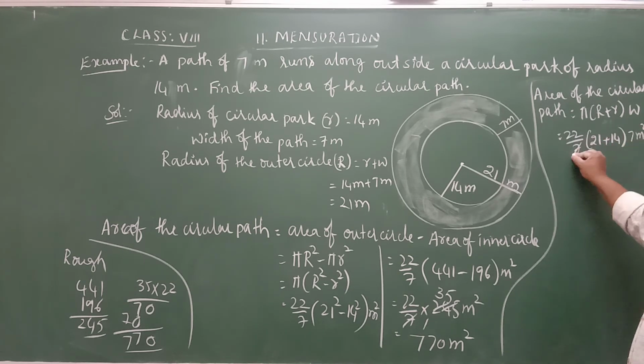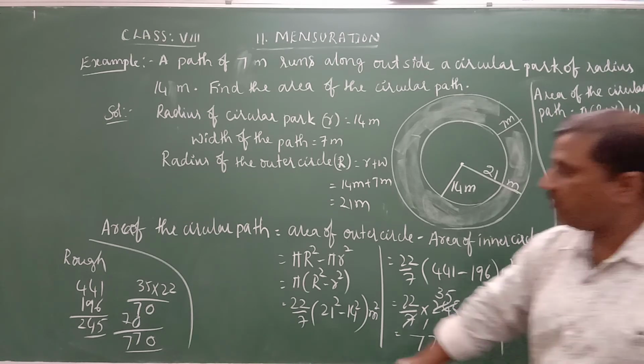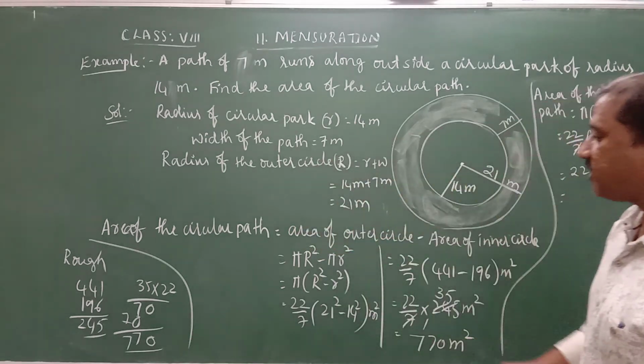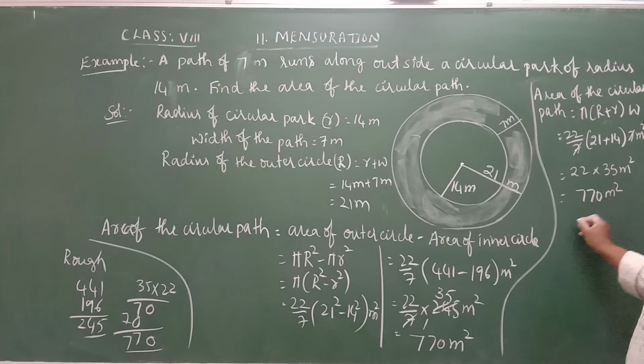Now 7 ones are cancelled. 22 into 21 plus 14, 35 meter square. So 22 into 35 we have multiplied here. How much did we get? 770 meter square.